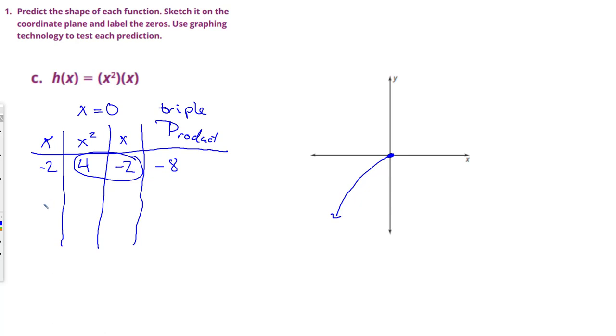Tell me a number that's bigger than 0. 4 squared is 16, and then 16 times 4. And again, I'm predicting it's going to be a curve because of what we've seen so far. Seeing if our prediction's right.